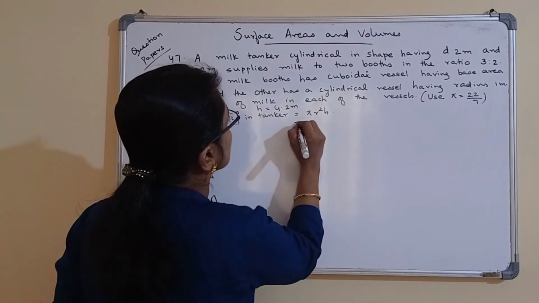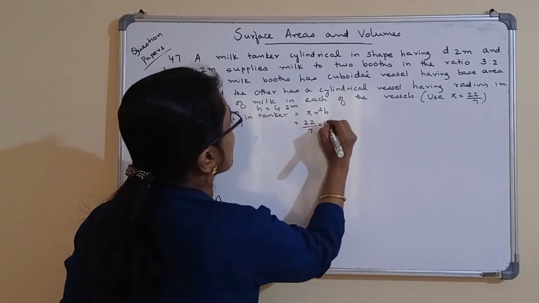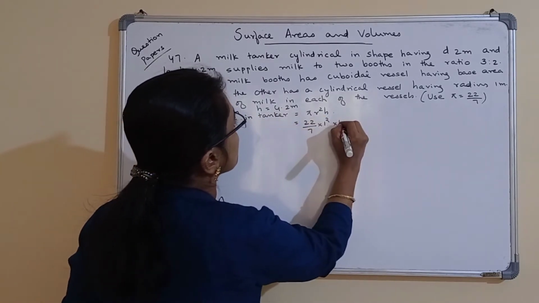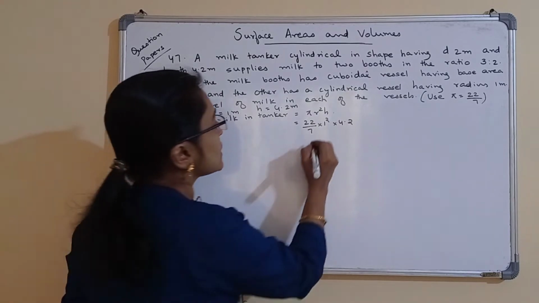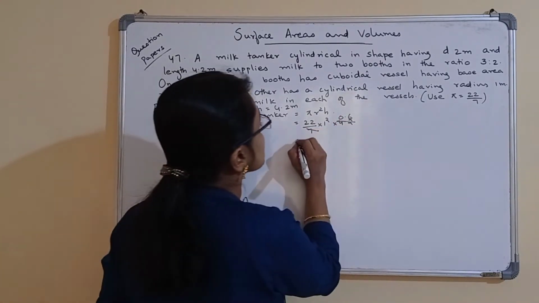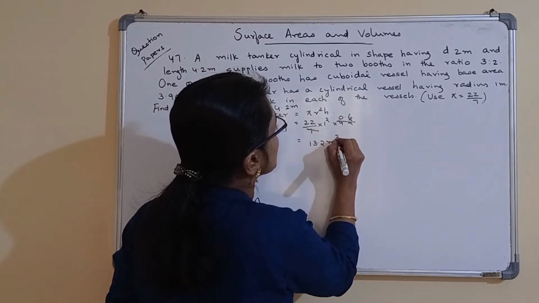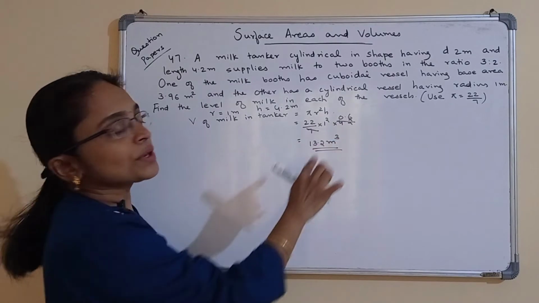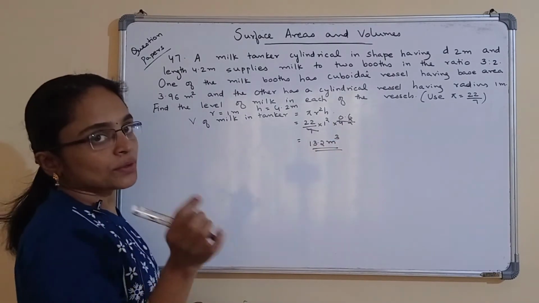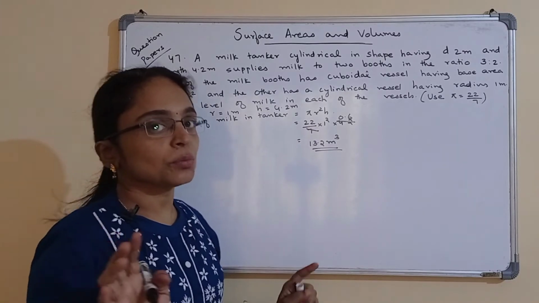So this is equal to 22/7 into r square is 1 square into h is 4.2, and 7 will go in 4.2 0.6 times. So this is equal to 13.2 meter cube. 22 into 0.6 is 13.2. So volume of milk in tanker is 13.2 meter cube.